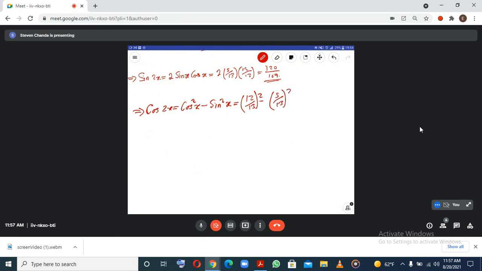So that's 144 over 169. Then that's 25 over 169. So that's going to be what? That's going to be 119 over 169, right? Again, you can't break that any simpler than that.